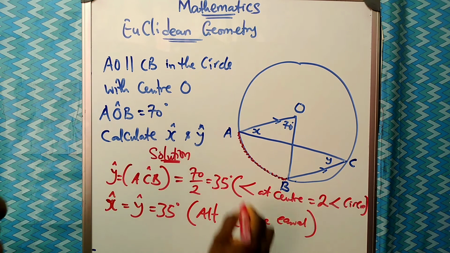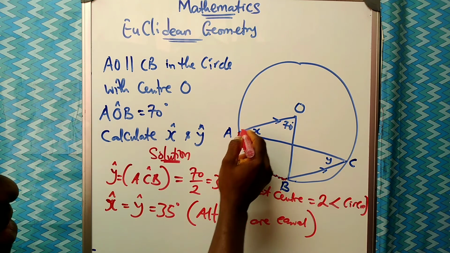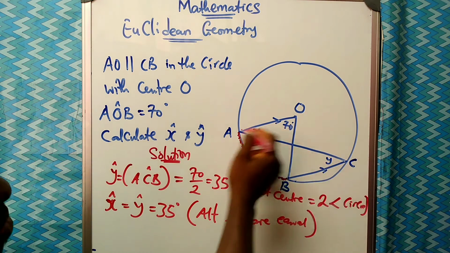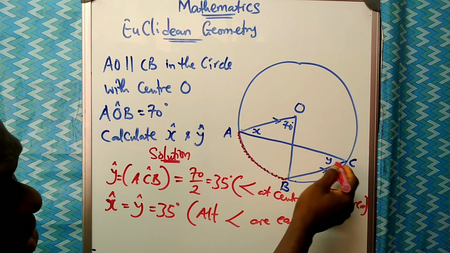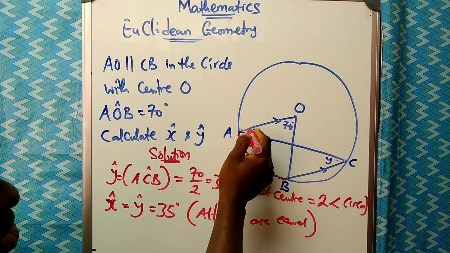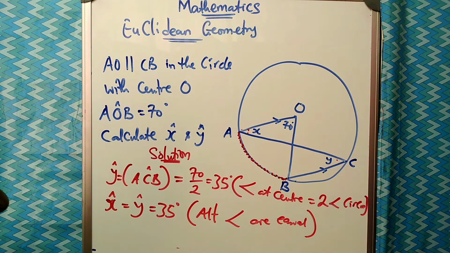Very simple. You see, these are the parallel lines, and this is the line cutting the parallel lines. So whatever we have in y will be equal to what we have in x. Alternate angles are equal. That is it for this question.